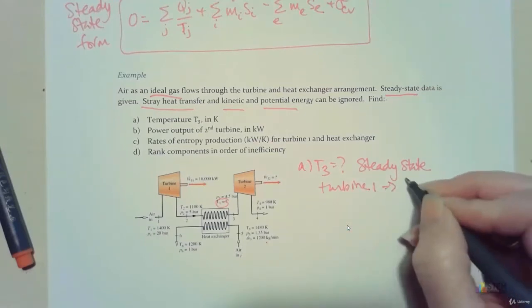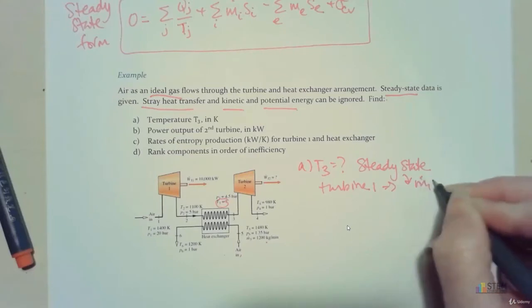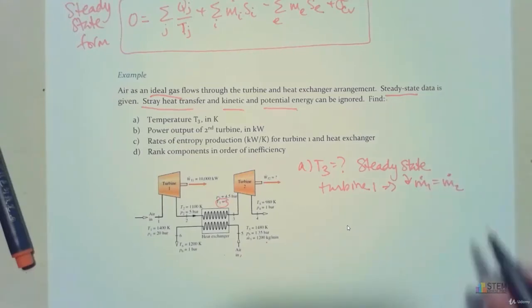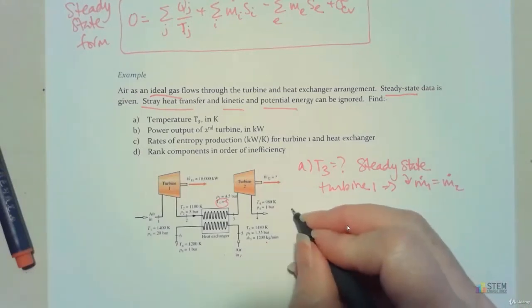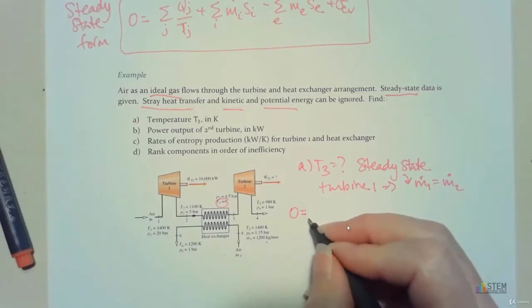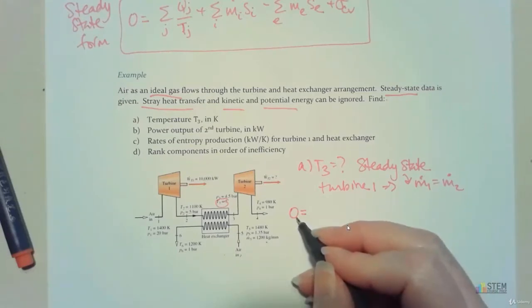Since we're steady state, we know M1 dot has to equal M2 dot. We're going to go back to our regular old control volume energy balance equation for this part. Steady state, so left side is 0.